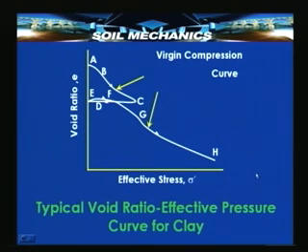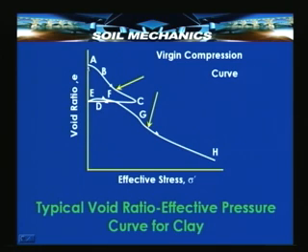This is what we get from the dial gauge readings of a typical odometer test. Now, if you look at this typical graph, which is known as the void ratio versus effective pressure graph, there are a number of important points to be understood.